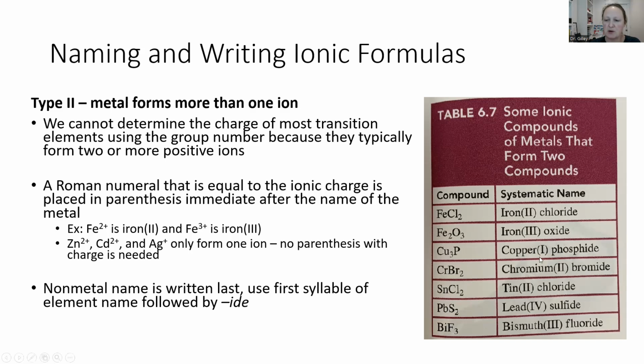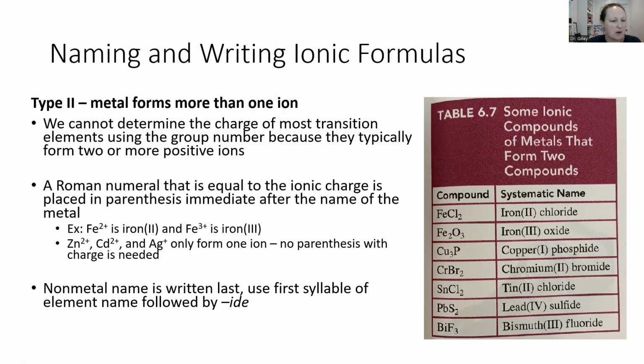And so these Roman numerals in parentheses are necessary so that we know exactly what ion is being used to form that particular compound. So again, we cannot determine the charge of most transition elements using the group number, because for the most part, with a few exceptions, they typically form 2 or more positive ions.